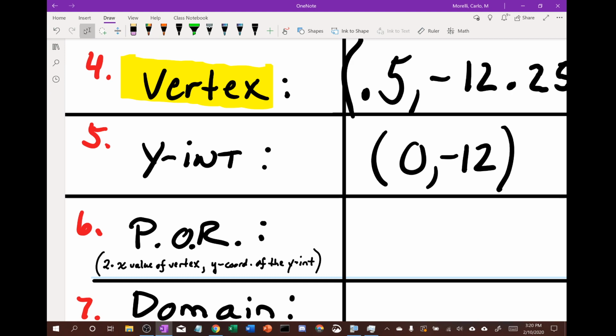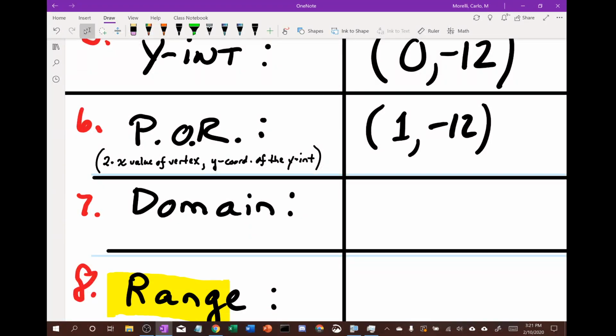What's the x coordinate of the vertex? 0.5. So what's 2 times the x coordinate of the vertex? 1. Okay. So we're at 1, comma, and then just the y-intercept. What is it? 1 comma negative 12. All right. That was easy. The point of reflection.